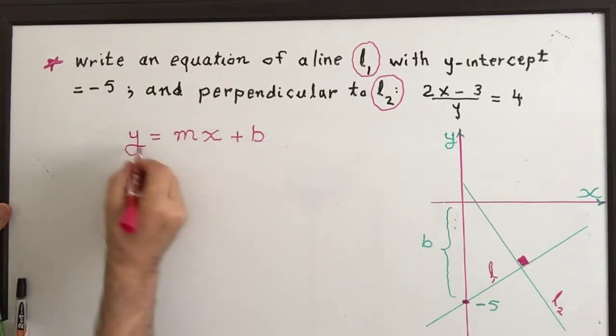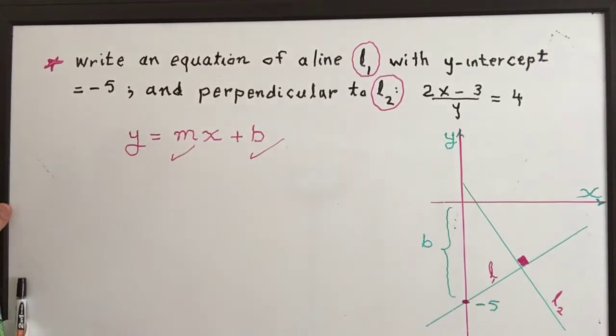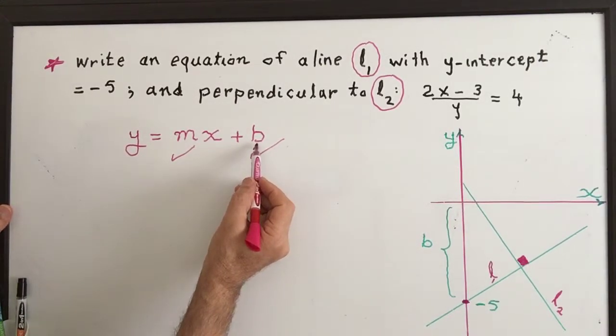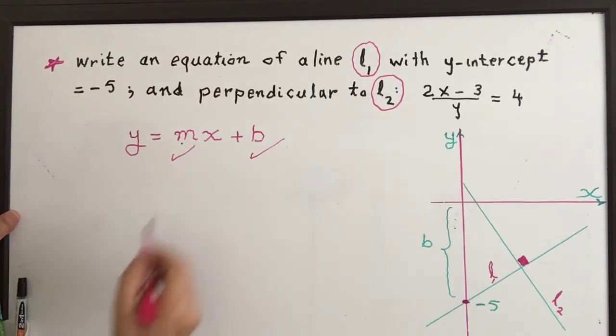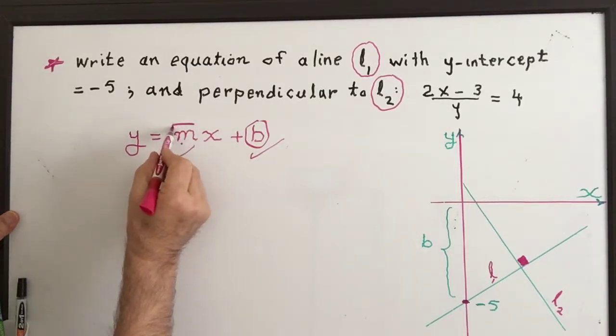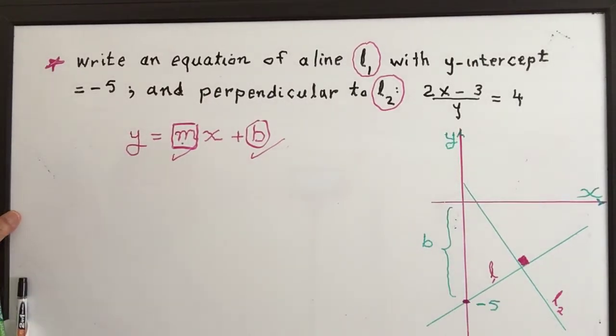This is the form of the equation when b and m are known. b is the intercept on the y-axis, and m is the slope. We know b, and we still need to know m, which is the slope.